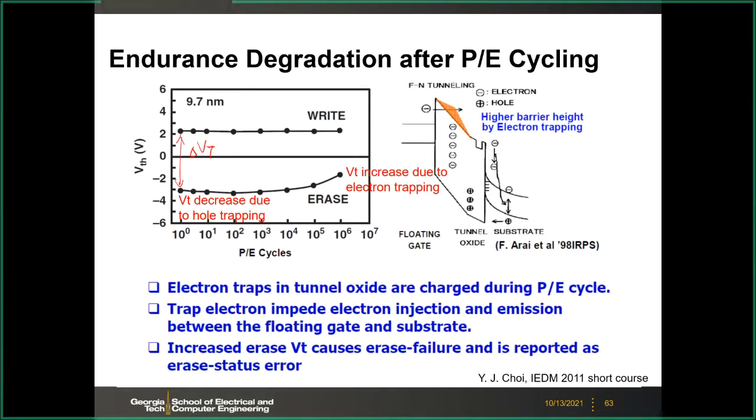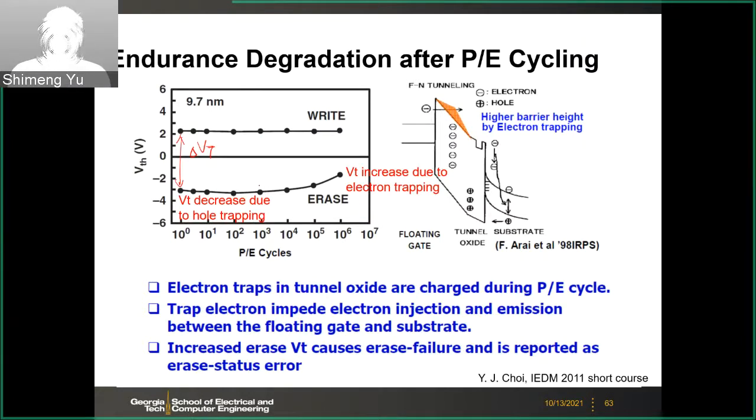Here, typically you will not read after every cycle, because 10 to the power 6 is a large number, 1 million cycles. So sometimes you just check at certain checking points.